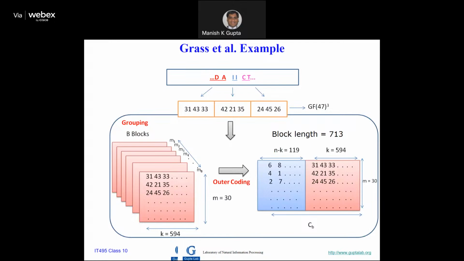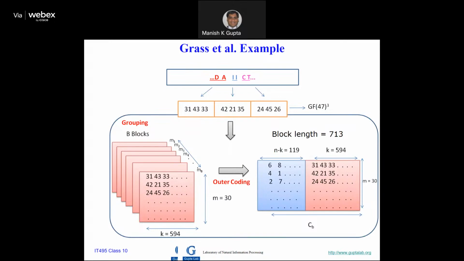So this K bits will be converted into one row there, the second row will give you another row there, the third will give you another row there, like that. From this you get a block, an array like this, C1, C2, C3, in general typical CB. Got it? So this is the outer coding by Reed-Solomon code.